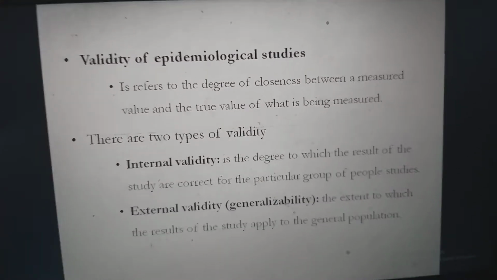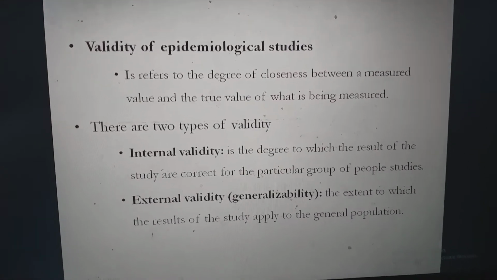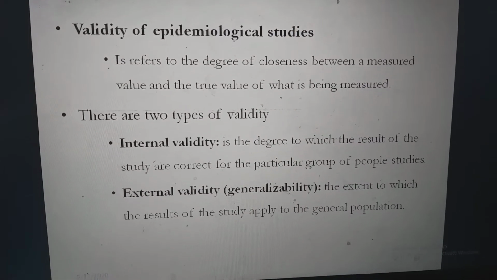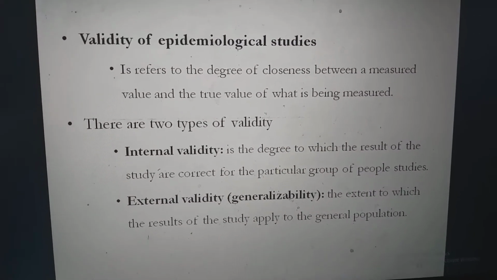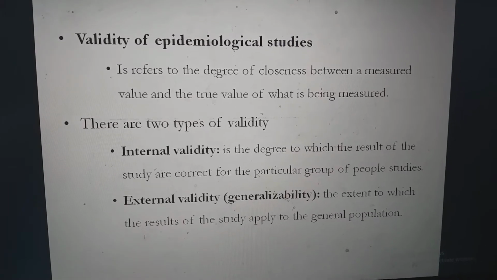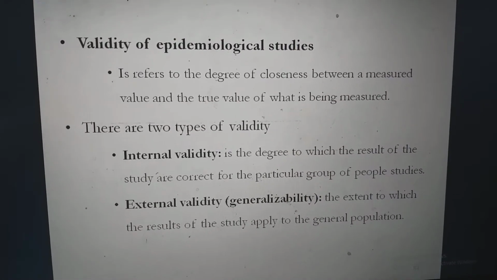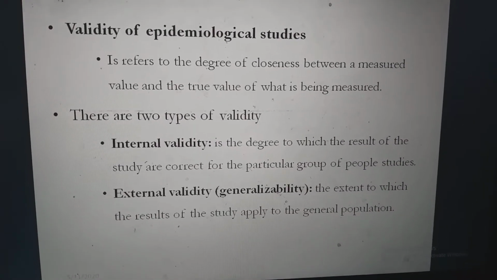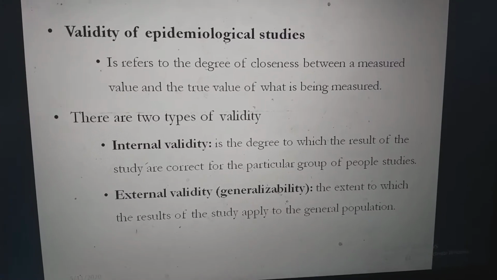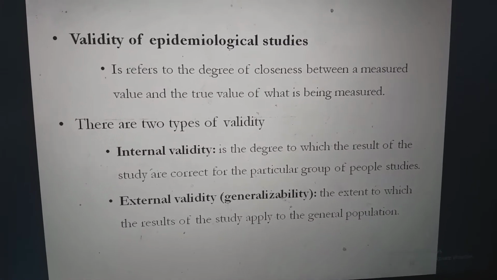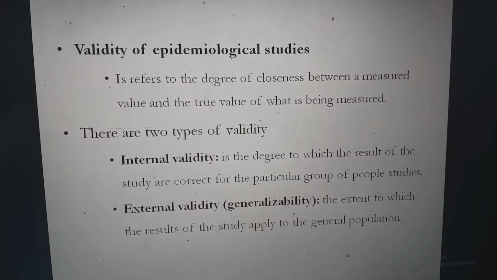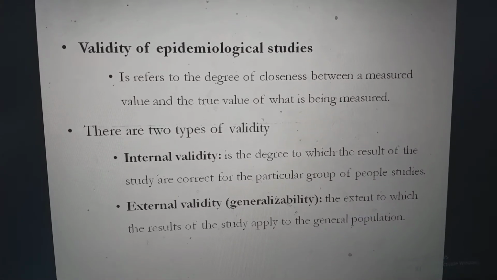Under this, one is validity of epidemiological studies. It refers to the degree of closeness between the measured value and the true value of what is being measured. There are two types of validity: internal validity for a particular group of people, and external validity for the general population.